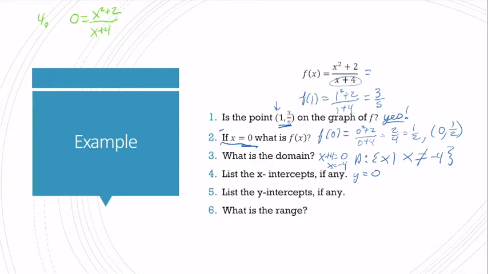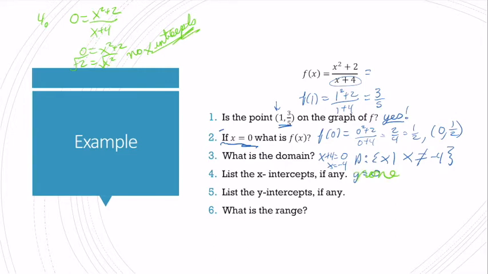I could multiply both sides by x plus 4. That gives me 0 equals x squared plus 2, right? If I subtract 2 from both sides, I get -2 equals x squared. And because I can't solve for x in this case, this means there's no x-intercepts. So there are none.